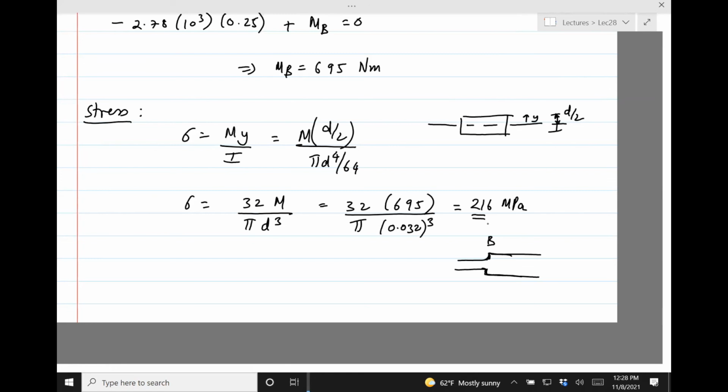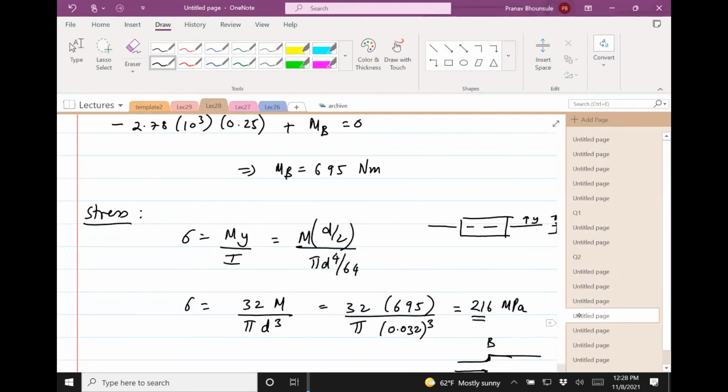Once we have Kf, we can multiply with sigma, and that will be the true stress at B. So sigma max will be Kf times sigma, which we just found.